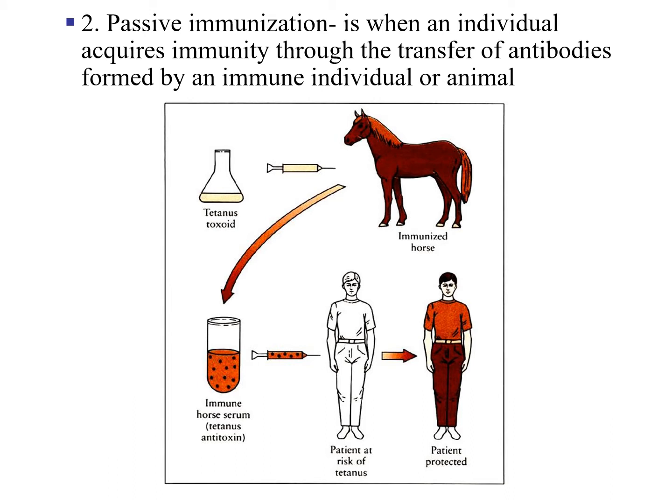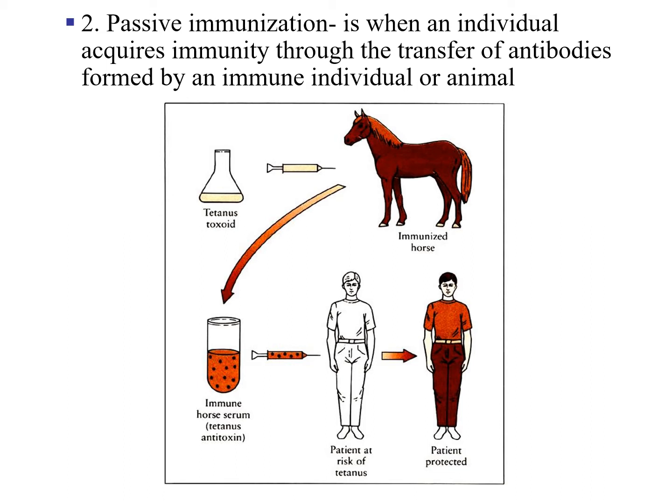The second example is passive immunization. Passive immunization is when an individual acquires immunity through the transfer of antibodies from an individual that was already immunized. The immunized individual builds the antibodies and you take the antibodies from that immune individual.